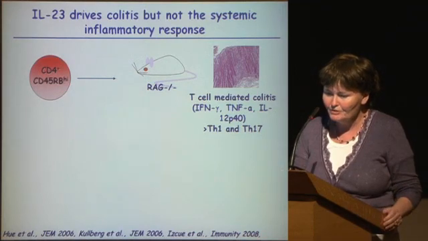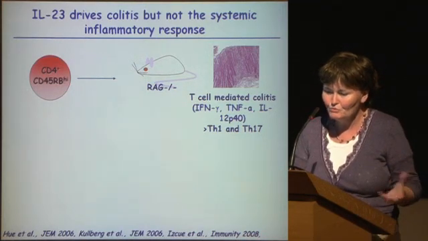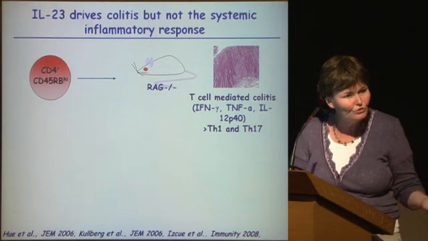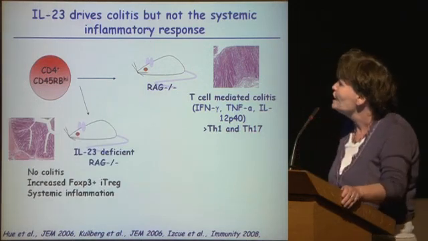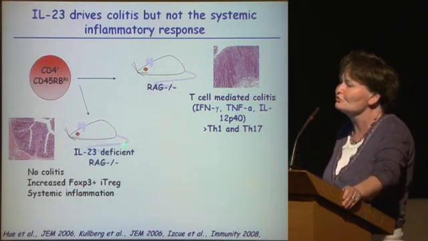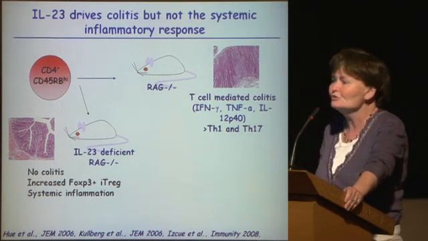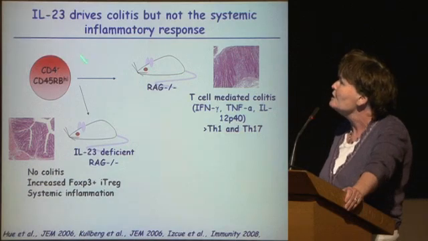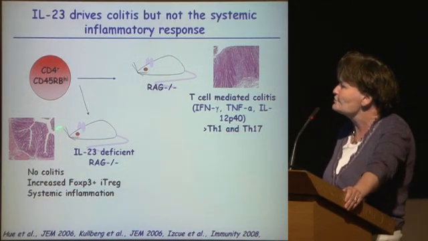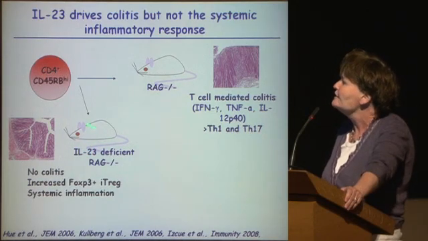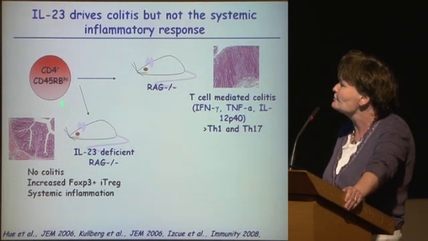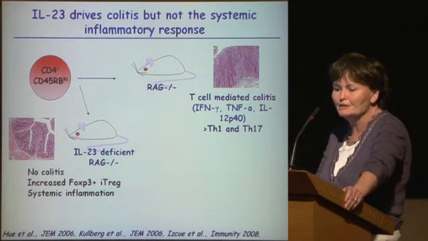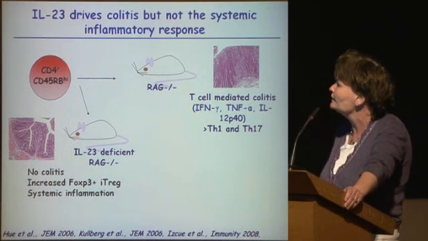So we asked whether IL-12p40 was a component of IL-23 or IL-12, and we were able to show that IL-23 was crucially required for the development of chronic intestinal inflammation in this model. When we transferred colitogenic T cells into immune-deficient mice specifically lacking IL-23, they did not develop colitis, whereas if they were transferred into mice specifically lacking IL-12, then they did continue to develop colitis.